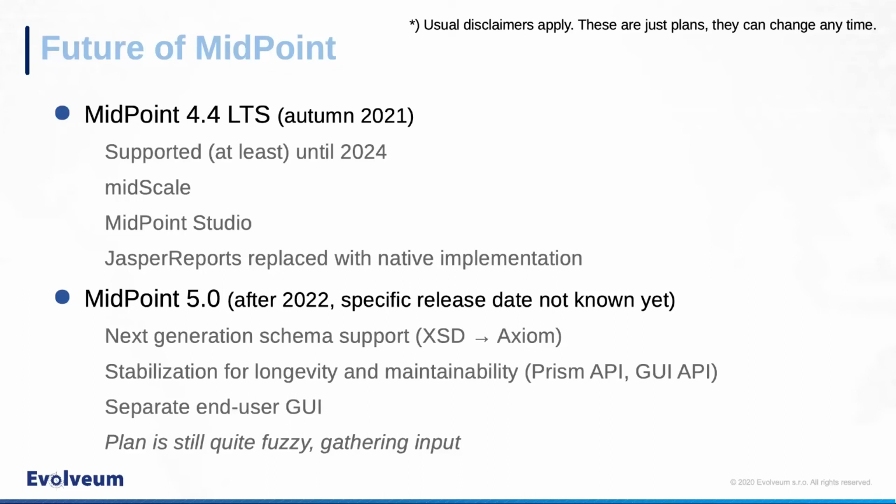So it will be easier to make some overlay extensions and so on. And there is also a plan for midPoint 5.0 to implement a new separated end user graphical user interface.